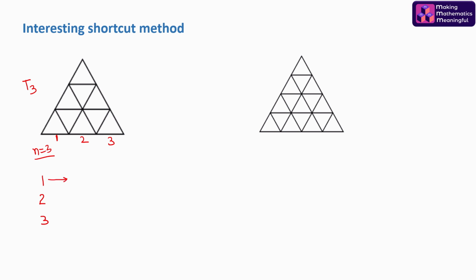Along with this number 1, write it as it is, add this number 2 and write it over here. So it will be 3, 1 plus 2, 3. Next to this number, add this 3, we have 6 over here. Add all of them. So we are getting 10.